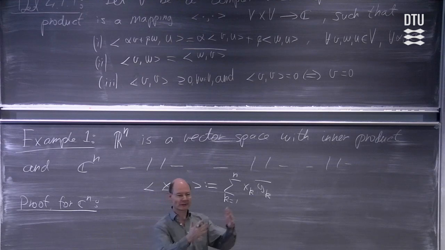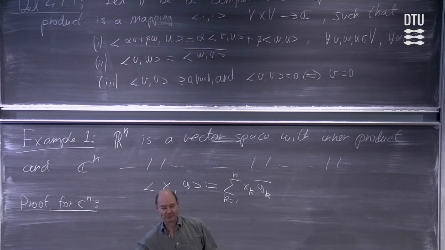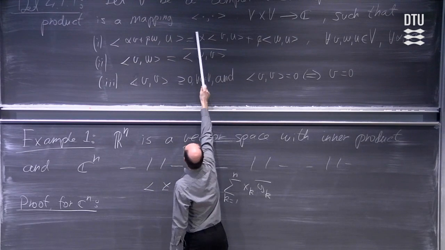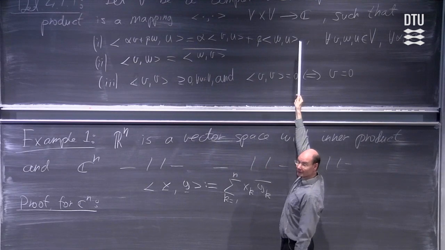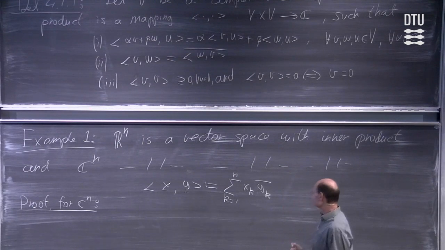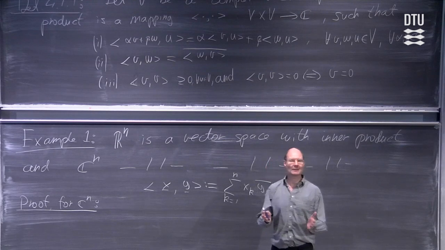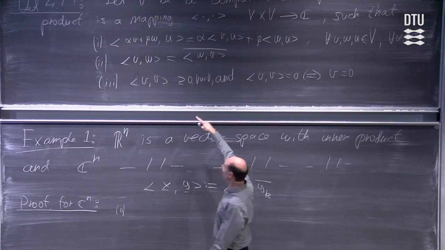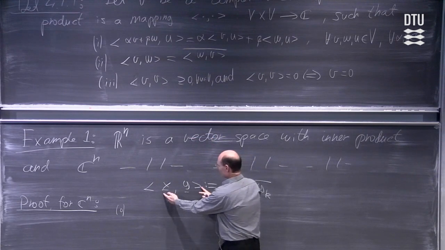For normed vector spaces, we also had conditions 1, 2, and 3, and we actually had something else that we should check before we started the proof. Namely, we need to check that we actually have a mapping from V cross V into the complex numbers. This is the first thing to look at. If we call this condition 0, because it is not stated among 1, 2, and 3, then we just look at what we have here.